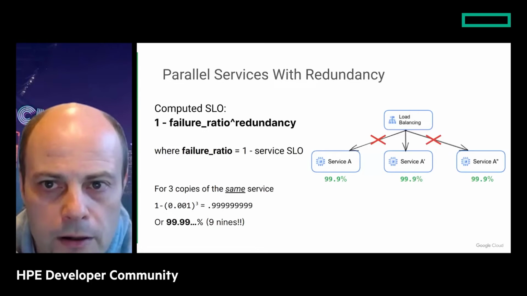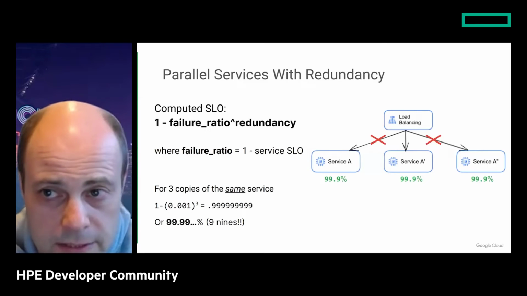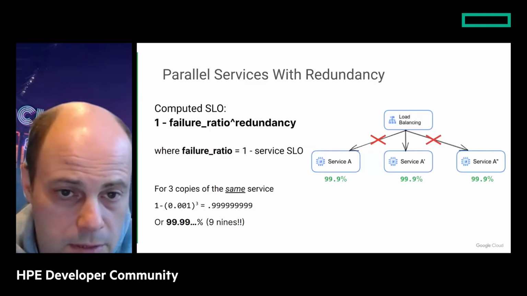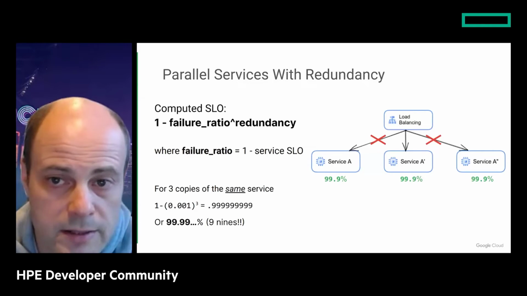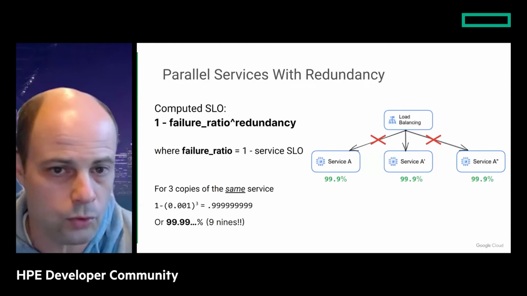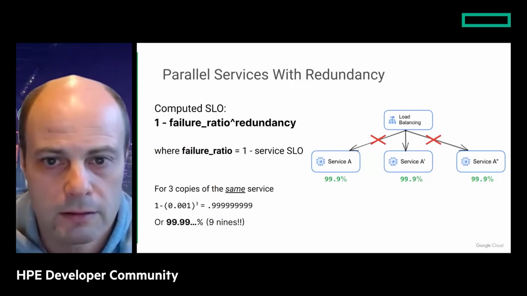What if we have independent copies of the same service? It means that as long as one of them is available, everything should be okay, right? So it presumes there is some kind of retrying mechanism in place at the load balancer, or the caller does it, but it is not the matter now.